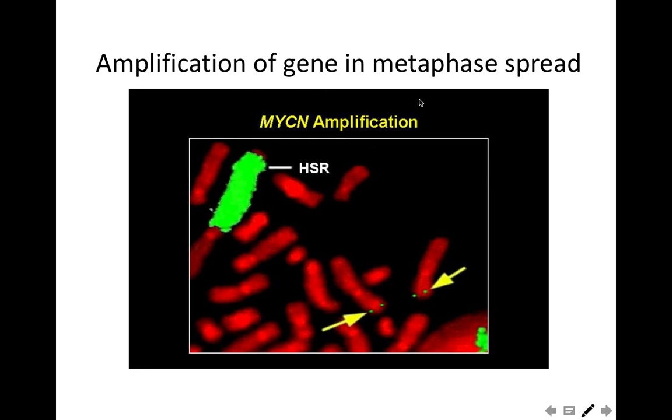The gene amplification can also be tested in metaphase chromosomes. So this time it's not interphase cells, but first we prepare the metaphase chromosomes like in the karyotype, and then we use the probe for another gene to test for amplification copy number of this gene. If I find just a single copy, now this time I don't see a single copy.